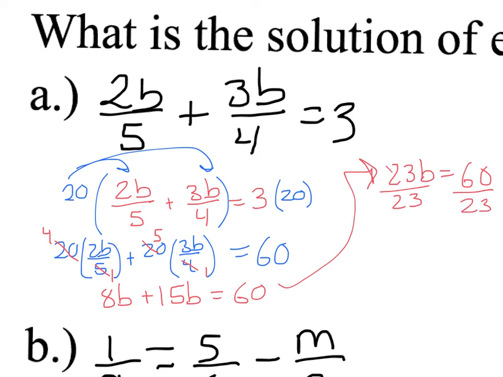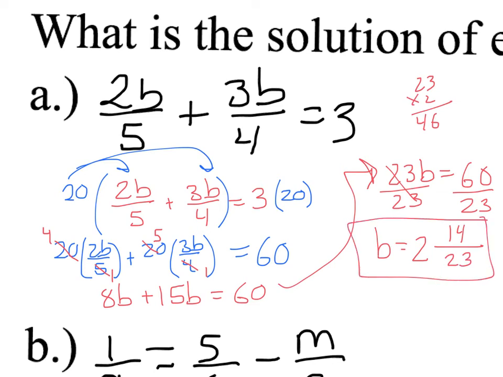So 23 is going to go into 60 2 times. And 2 times 23 is going to get me to 46. Then from 46 to 60, I need 14 over 23 more. So b equals 2 and 14 over 23.